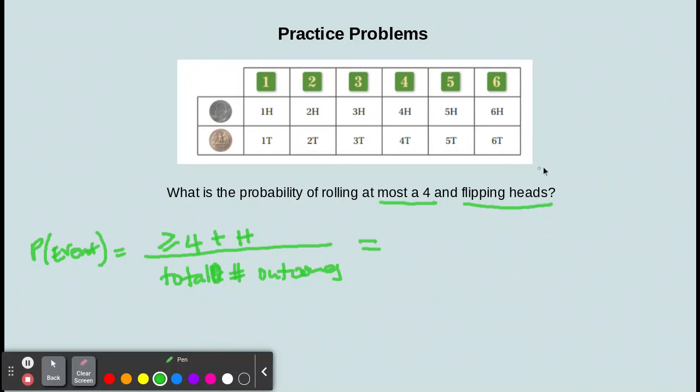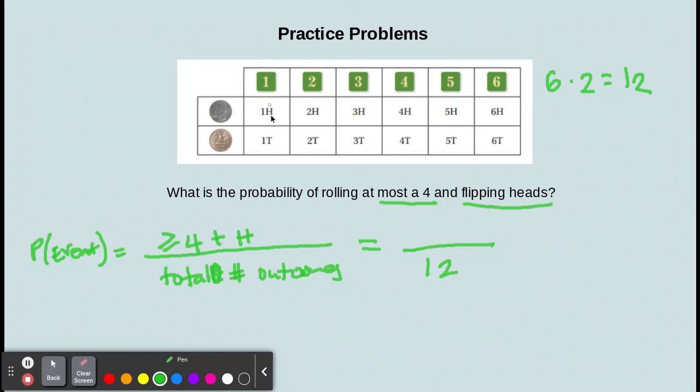We've done this many times before, but we can do it again. We have 6 choices on a cube, and we have 2 choices on a coin. So our total number of possible outcomes is 12. But now we need to find how many times we can get at most a 4 and flipping heads.